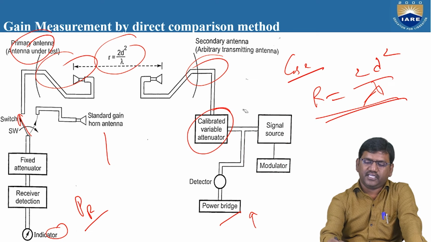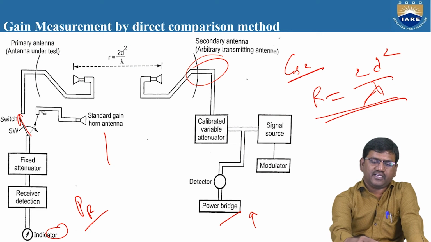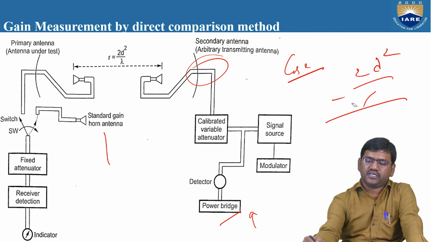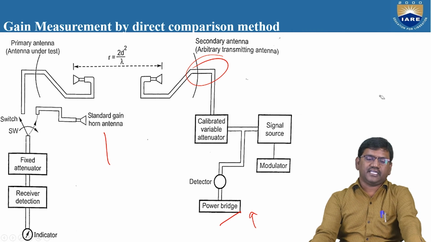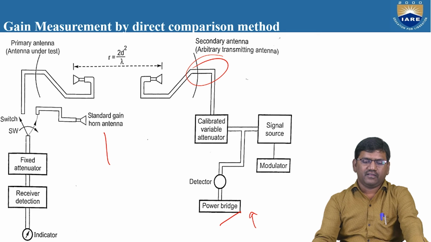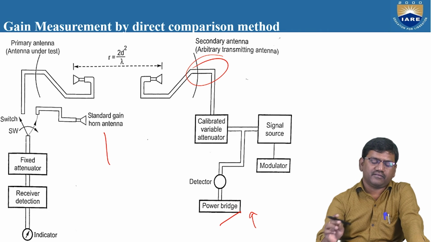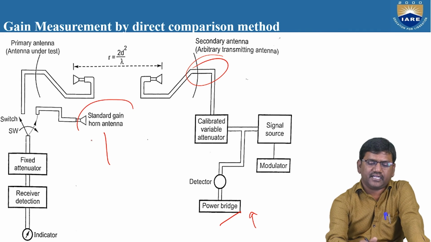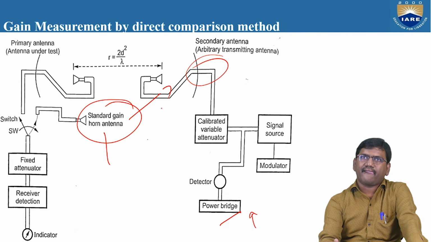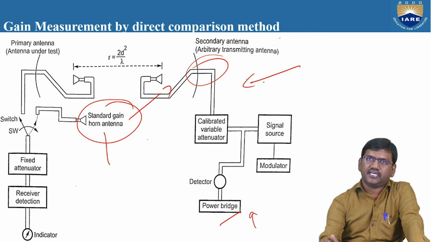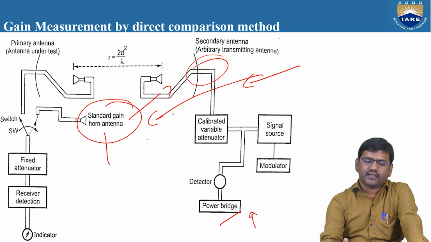Next, after connecting the primary antenna, we are going to disconnect the primary antenna and connect the standard gain antenna. The standard gain antenna is aimed towards the transmitting antenna, which is sending the signal to it.